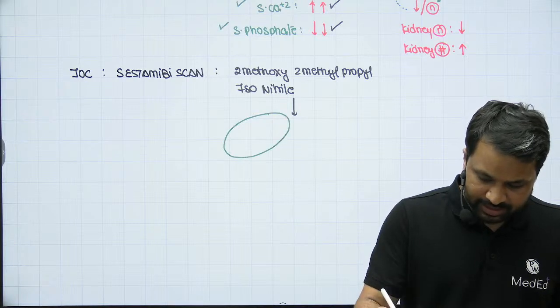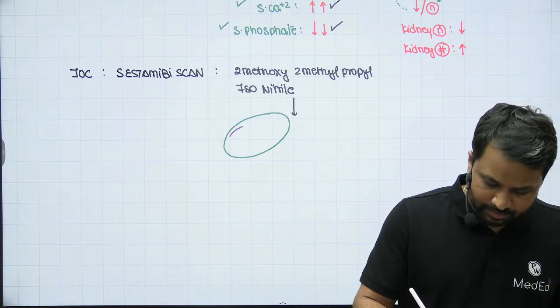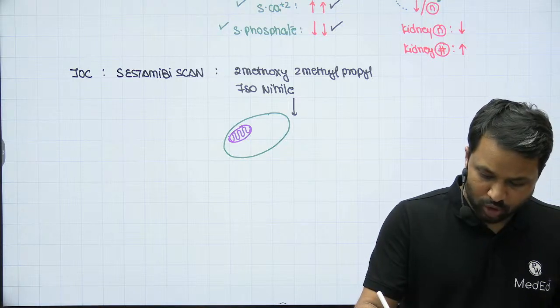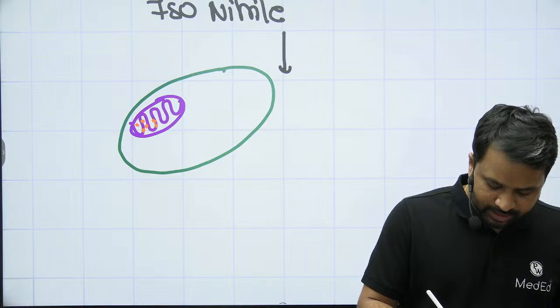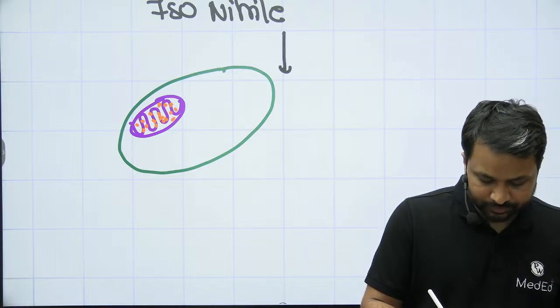So if this is the cell, and this is the mitochondria that is present, when you give this compound, it goes and gets concentrated in the mitochondria of the cell, right?